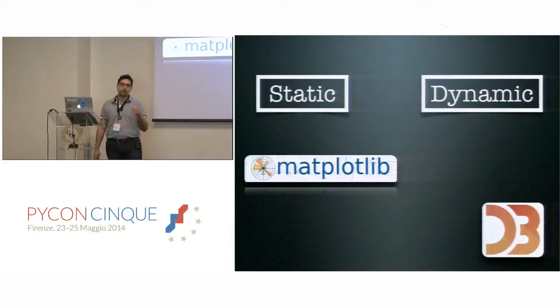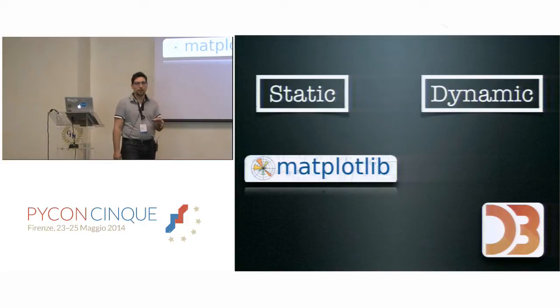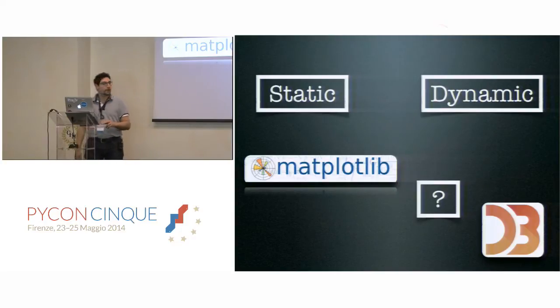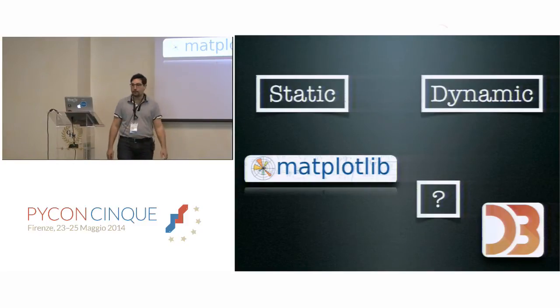On the other hand, a very well-known library for dynamic data visualization is D3, which is implemented in JavaScript. And in this talk, we wonder if there is a sort of boundary or a sort of bridge connection link between these two different worlds, static and dynamic visualization.